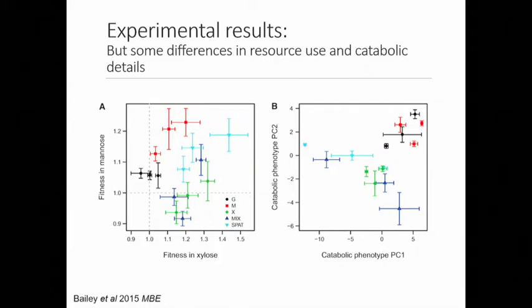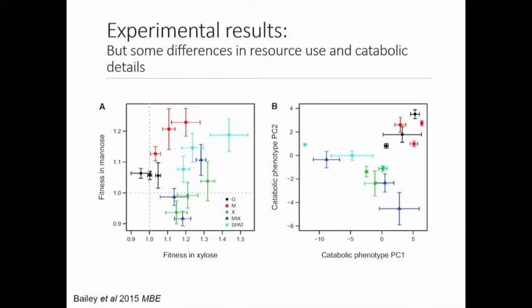I'm not sure if it's a measure of fitness or not, but we used Biolog plates, which are a commercial 96-well plate, and each of those wells contains a different catabolite, so different sugars and other carbon sources of different types, and then you grow your strains in all of those wells.